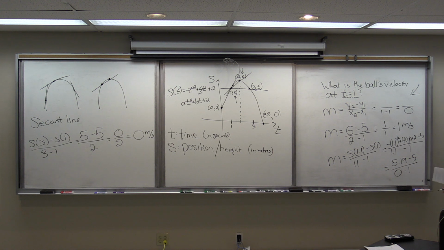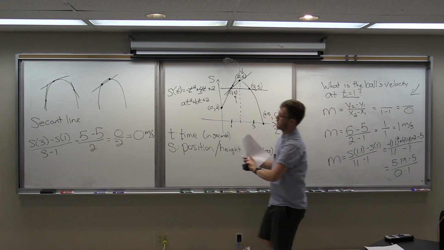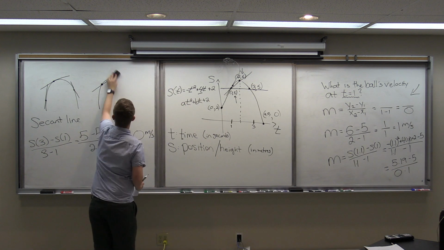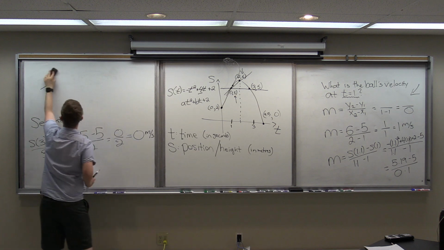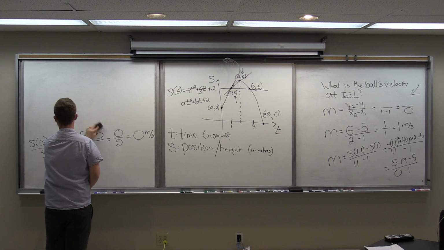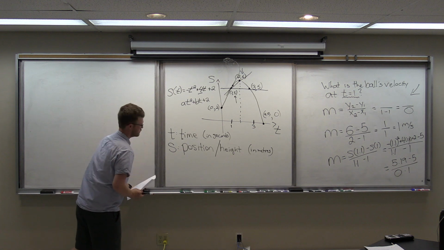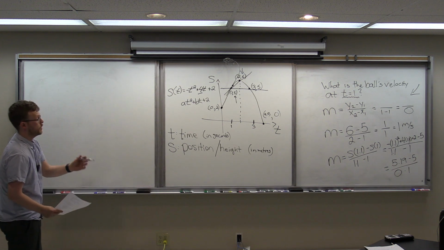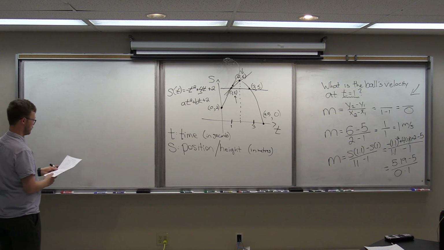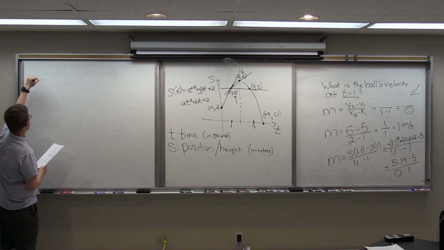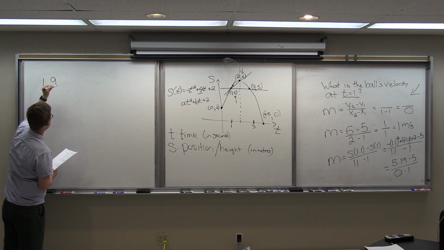You can calculate this using a calculator. 5.19 minus 5 divided by 0.1 is going to give you the answer 1.9.